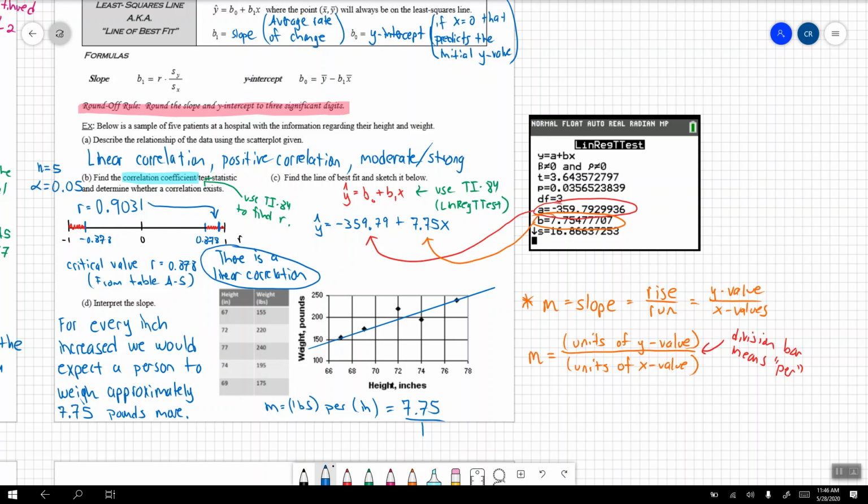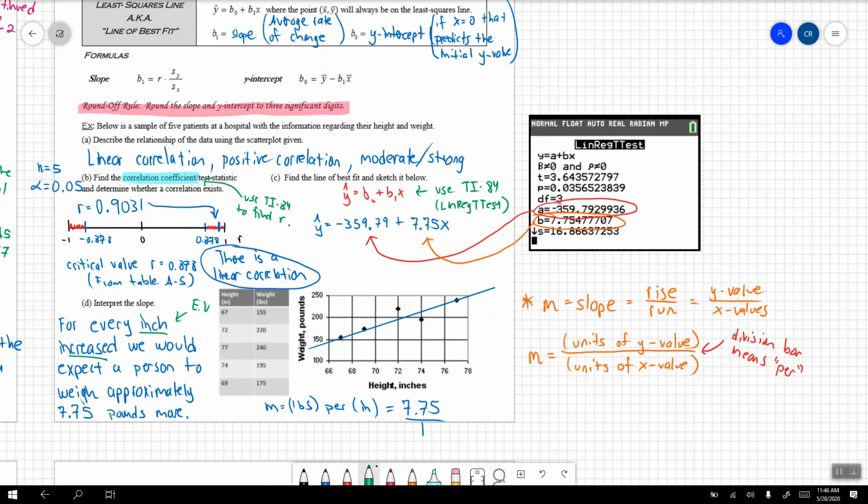Since that's the case, to interpret the slope, we start with the explanatory variable. So, what's the explanatory variable? It's the height. So for every inch increased, that's your explanatory variable, what's happening?